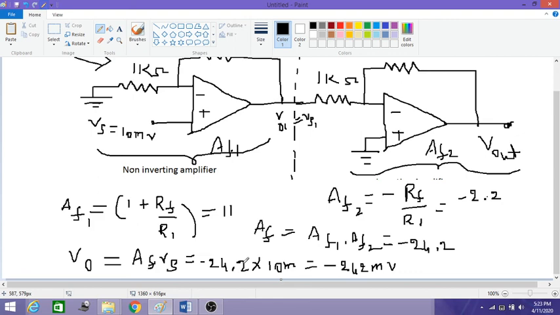Okay, so this is another method of analysis. We can follow any of the methods, whichever is convenient. I prefer the first method because when there are more cascade sections, it is always better to first finish off section by section, then you can compute the final output.